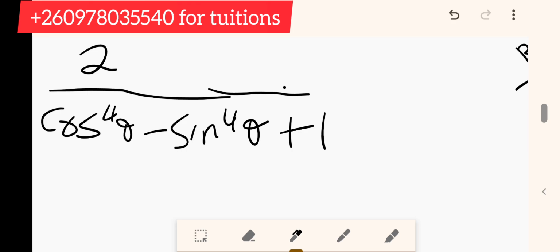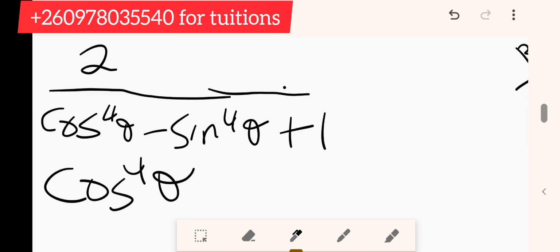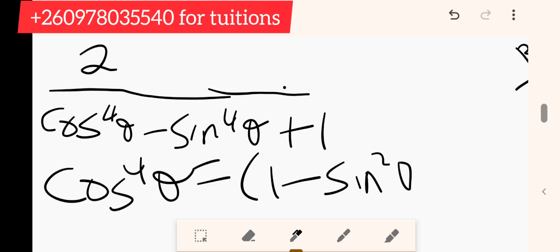How do you express cos power 4? Remember the rule? Cos power 4 theta is the same as 1 minus sine squared theta, then squared. So where there is cos power 4 theta, I can replace it with 1 minus sine squared theta, power 2.